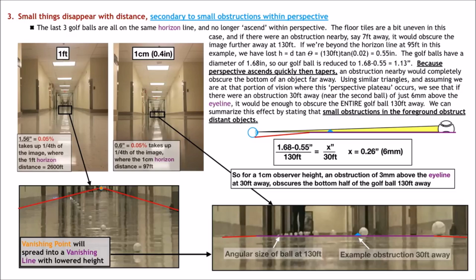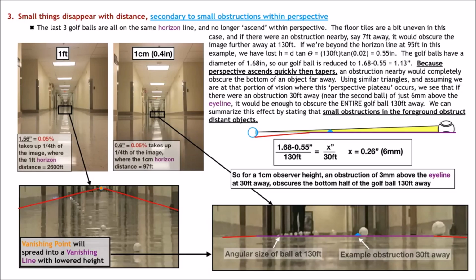You can see how if I were to put that in line with the 130-foot golf ball, it would completely obscure that ball. We can calculate what height would be required to obscure that distant object just by using similar triangles. That's what I've done with that formula, solving for x. In this case, x is 6 millimeters. So a 6 millimeter obstruction above the purple line completely obscures the entire golf ball 130 feet away.